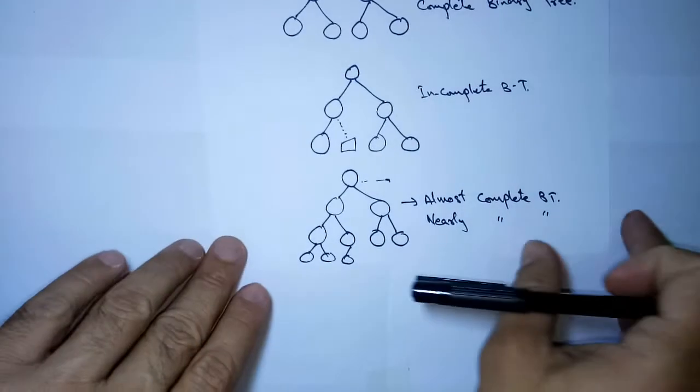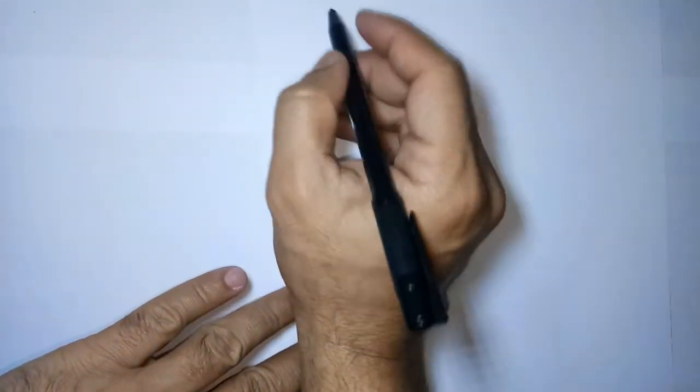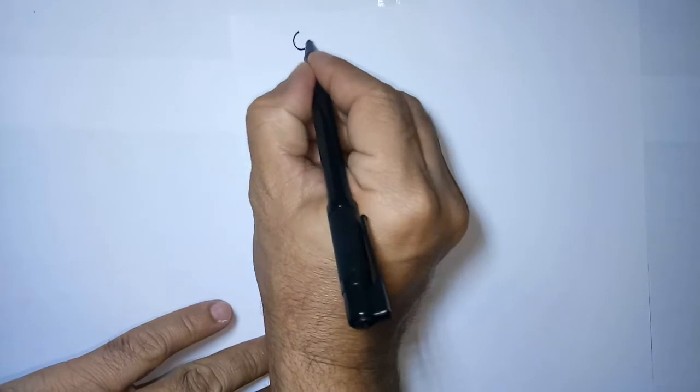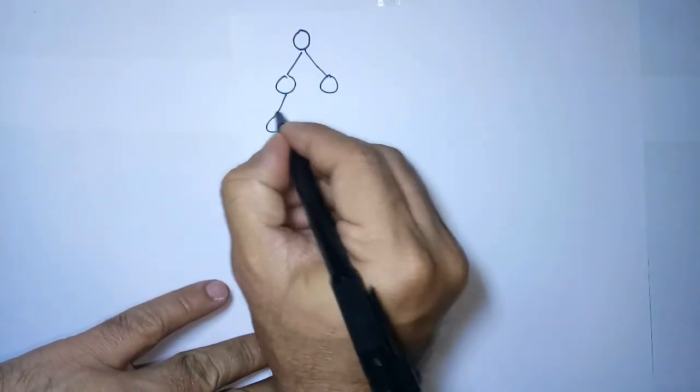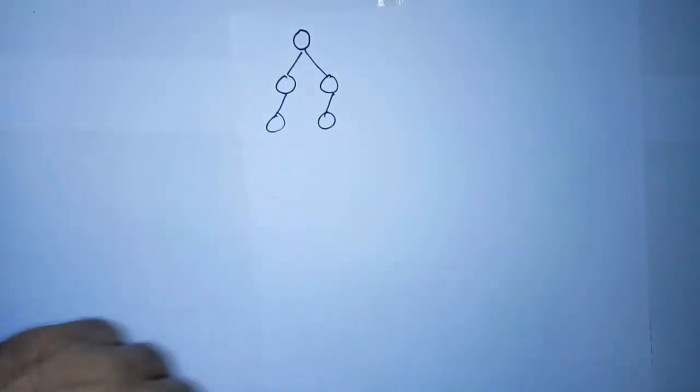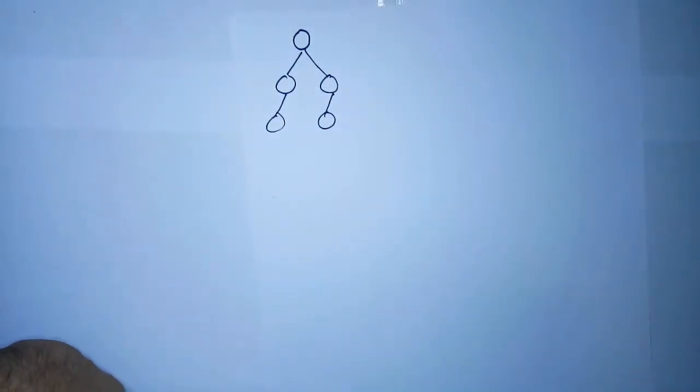So let's have a few examples and see if the tree is a complete binary tree or not. Okay, so let me take an example. For example, if this is a tree, I have one node, another node, another node, another node. So is it a complete binary tree, an incomplete binary tree, or an almost complete binary tree?